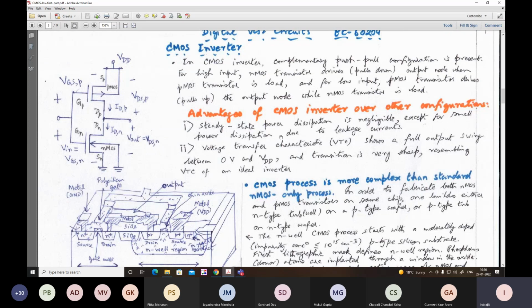But the leakage currents become important, as we shall discuss with the latch-up effect also. The leakage currents are due to the reverse biased PN junctions. For the NMOS transistor, you recall the P-type substrate is there, and N plus source and drain are there.